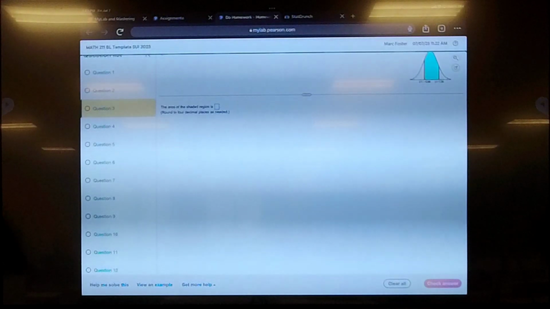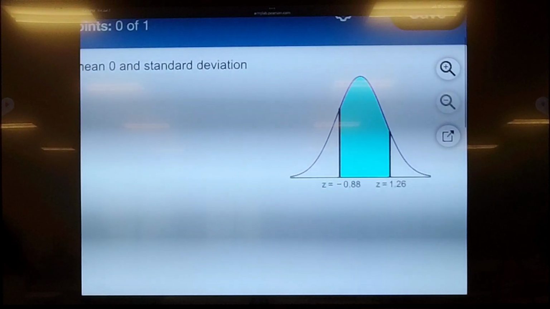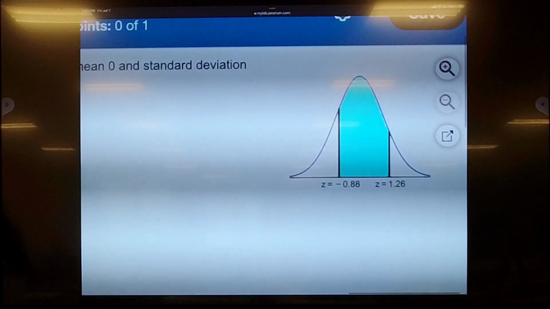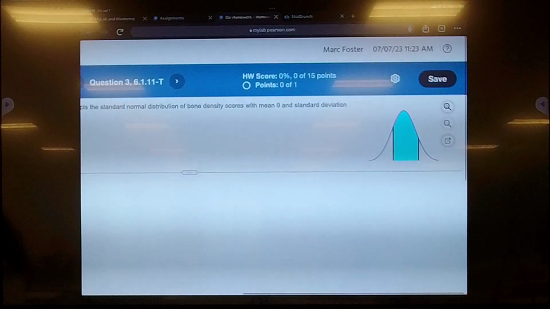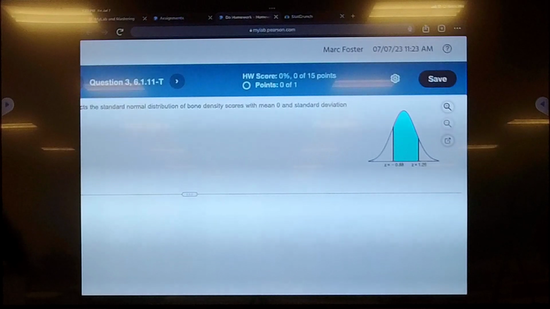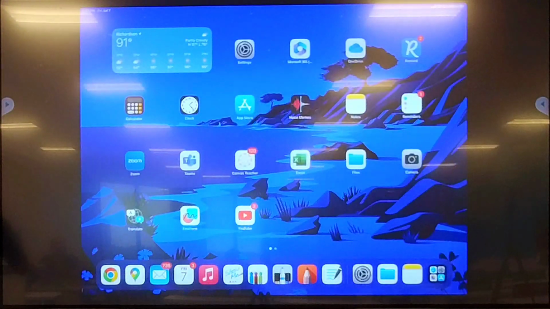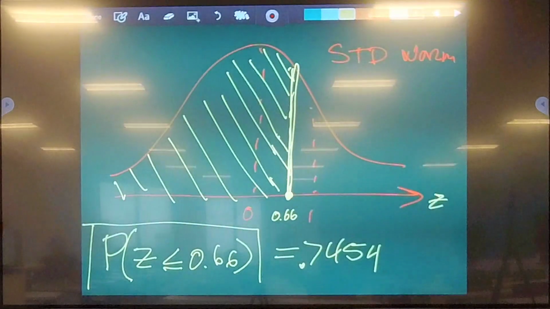On number 3, it is an area that is between 2 z-scores. Now, I will tell you that you are so lucky that we have StatCrunch to do this for us, because if you had to do it the way classes had to do it when I started working here, we didn't have StatCrunch.